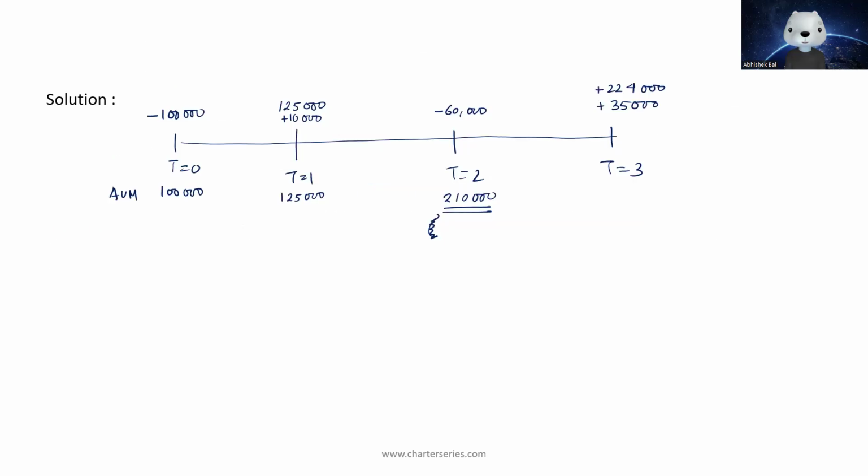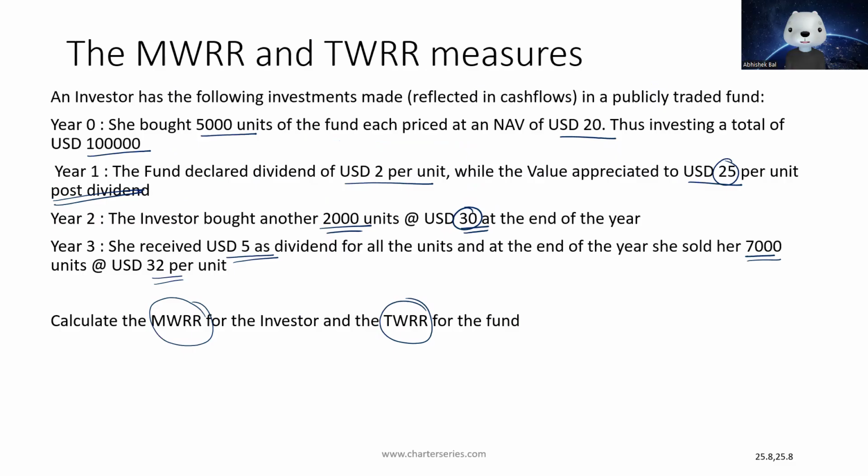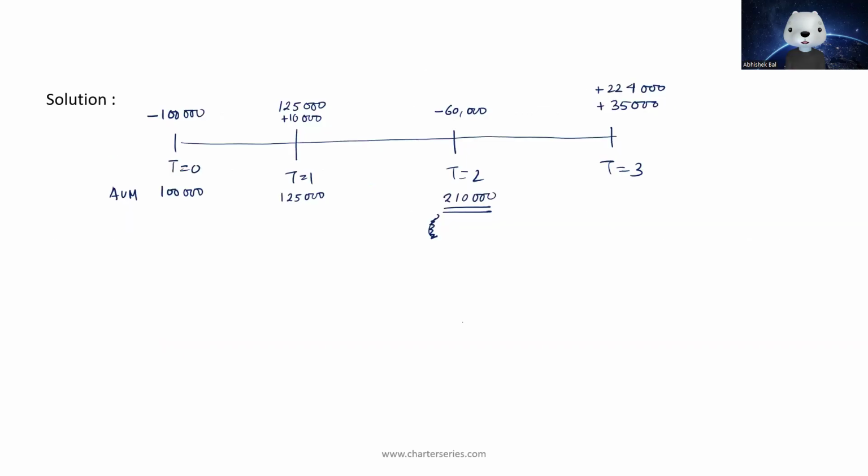So this one is 224,000, of course, and received as dividends of 5 as well. So 5 and 7 is 35,000.